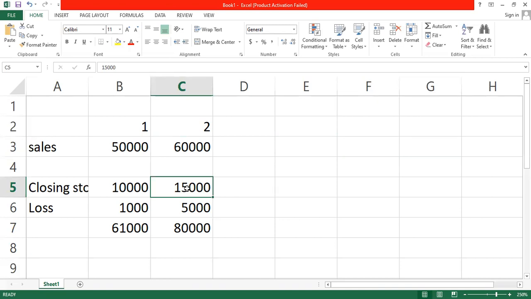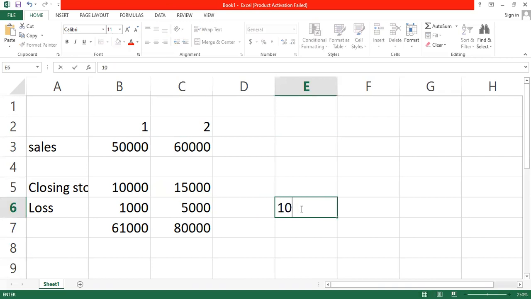So what we normally do is that they won't give you these figures like 1,000 and 5,000. They will always give you a percentage of the normal loss. So they can say that they are expecting a normal loss of 10% at each level of production for the year.